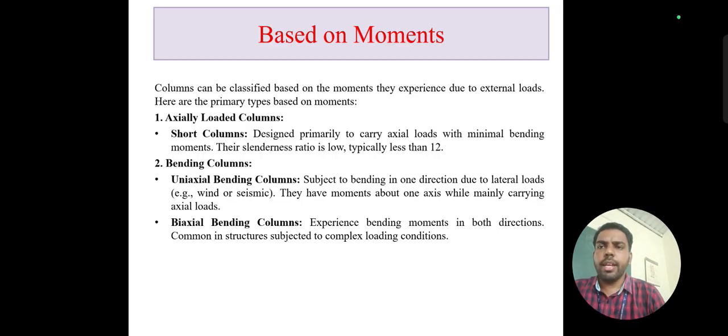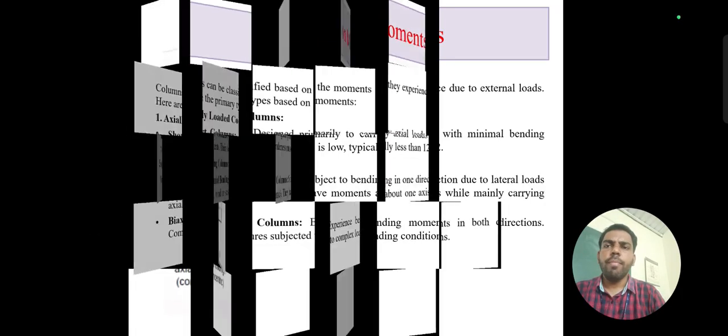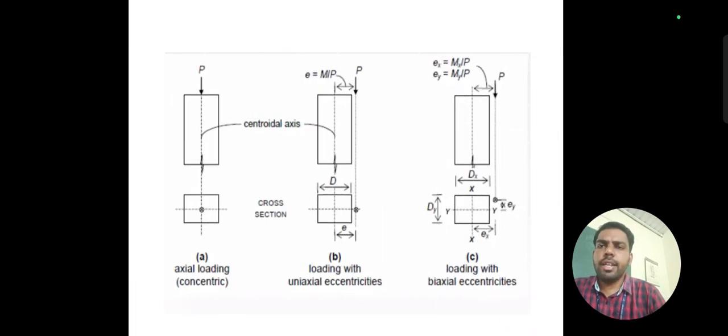Next, based upon the bending situation, uniaxial and biaxial are considered. When bending takes place in only one direction, it is called uniaxial, and biaxial means the bending takes place in both directions of the column. The figures show axial loading, uniaxial and biaxial moments.